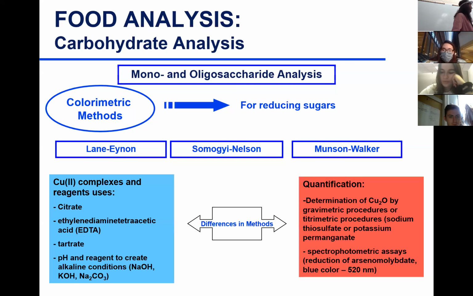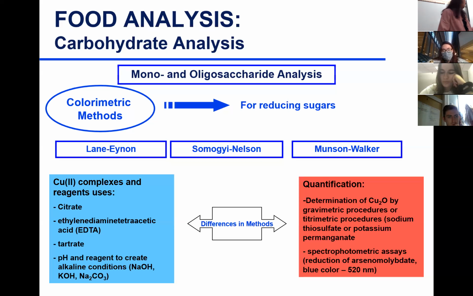This is the most common method: you have this reagent and your sugar, you have the cupric ion in an alkaline condition, and you end up with a blue color that you measure. For the other methods, you can do titration to quantitate, or you can gravimetrically weigh your cuprous oxide.